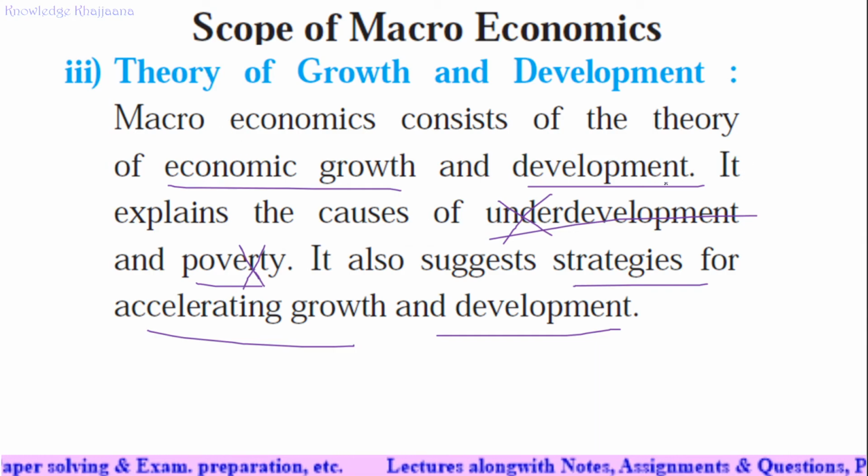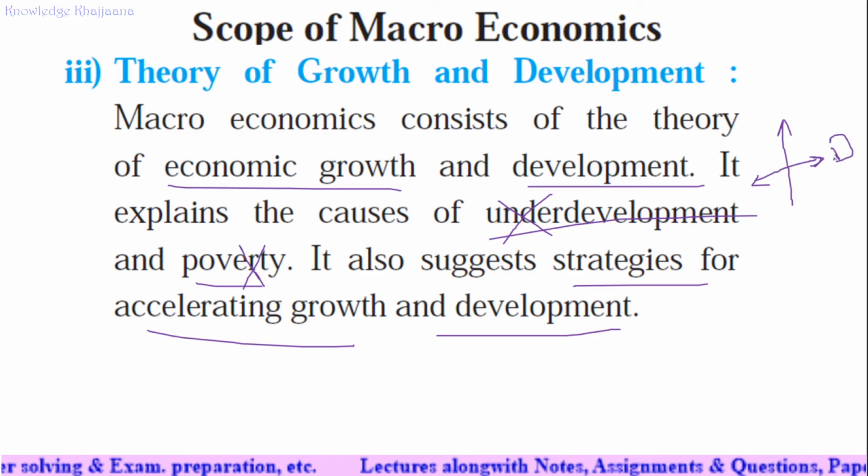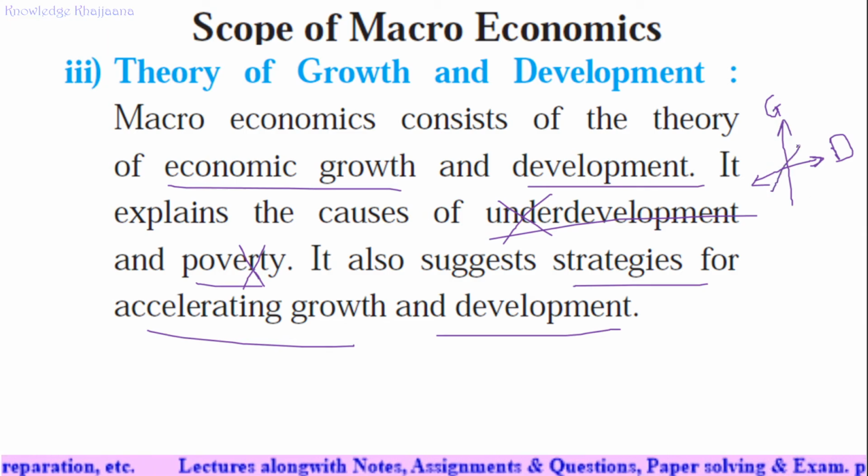First of all, growth is always vertical, and development is always horizontal. Development can have two sides. Always remember, development can have arrows on two sides, and growth should always have an arrow on one side, an upward arrow. Development can have many arrows in different directions.